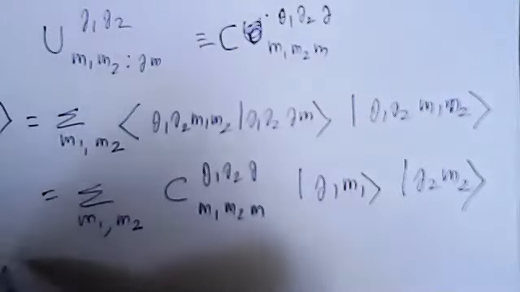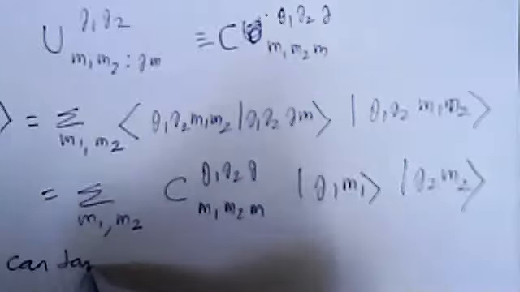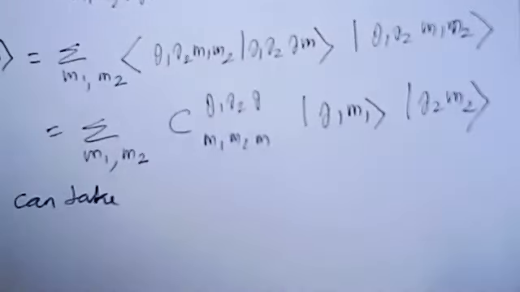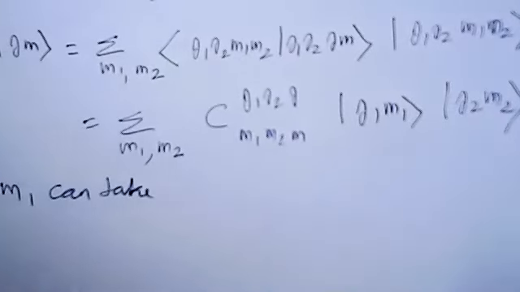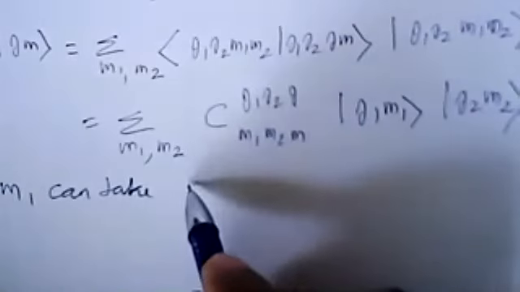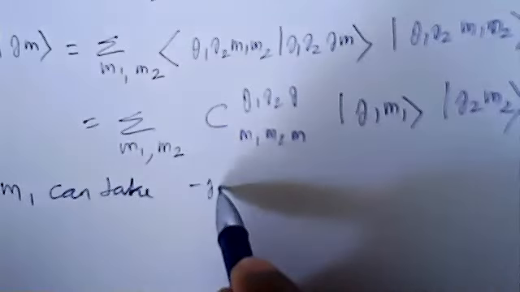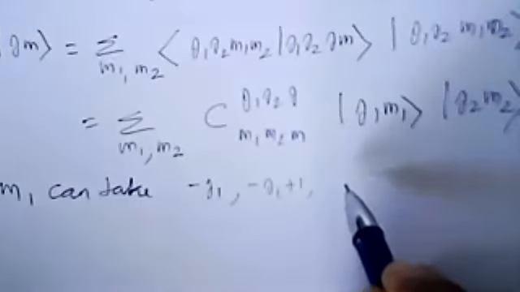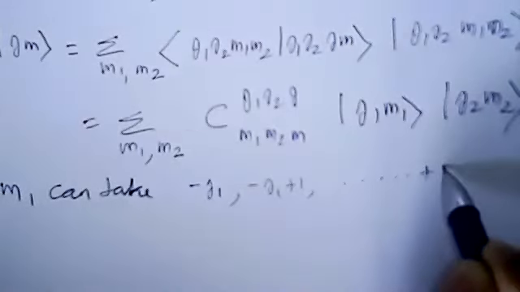Now we know that m1 can take how many values? M1 can take 2j1 plus 1 values, starting from minus j1 plus 1 etc. up to plus j1.